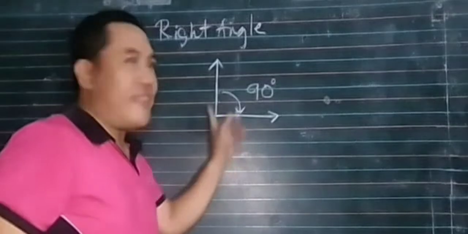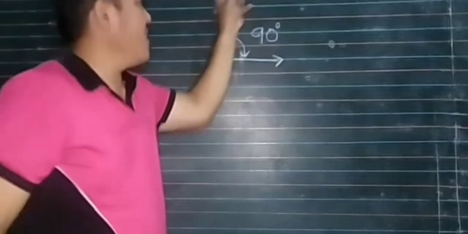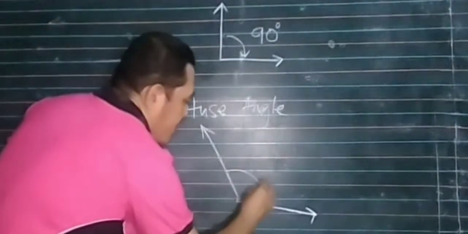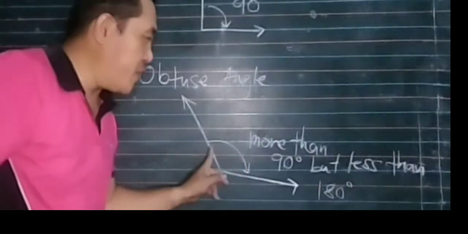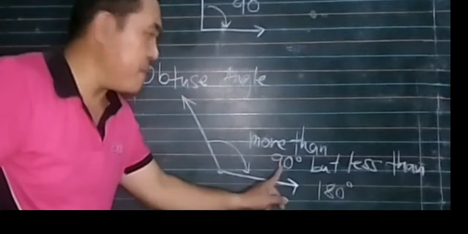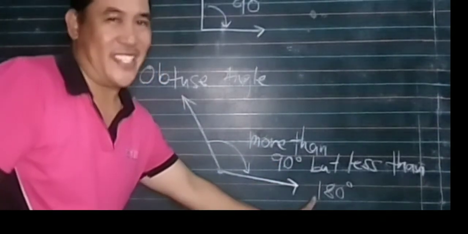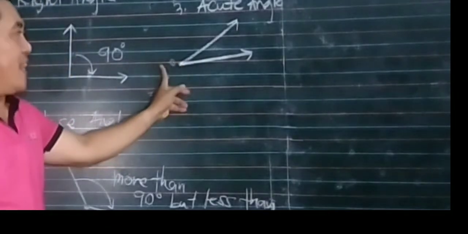Angles with a 90 degrees measure are called right angles. This is an example of an obtuse angle. An obtuse angle has a measure of more than 90 degrees but less than 180 degrees. This one is an example of an acute angle.